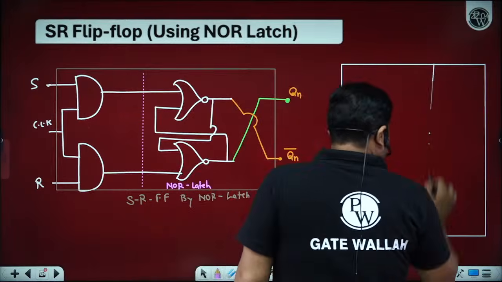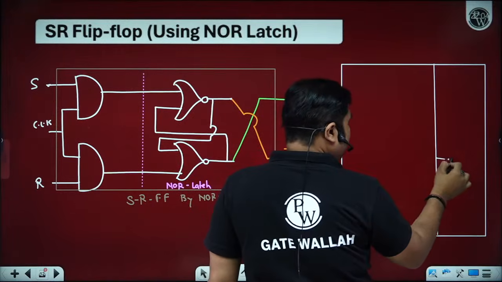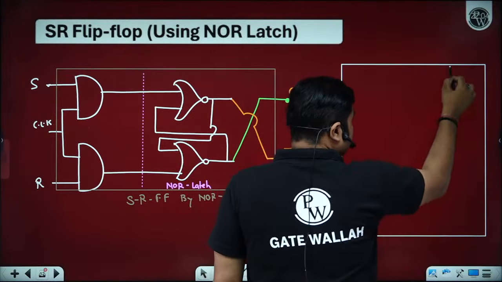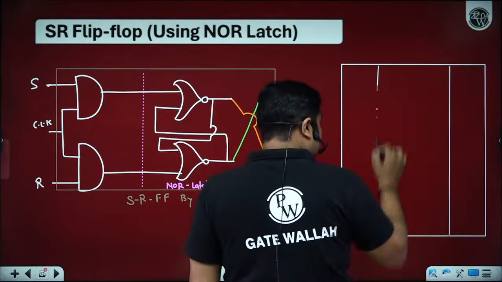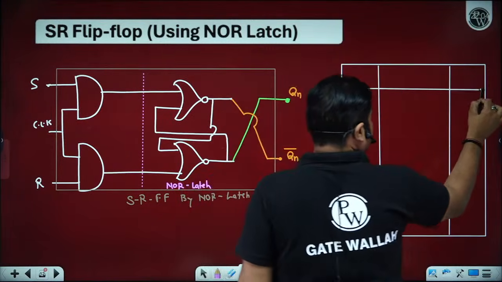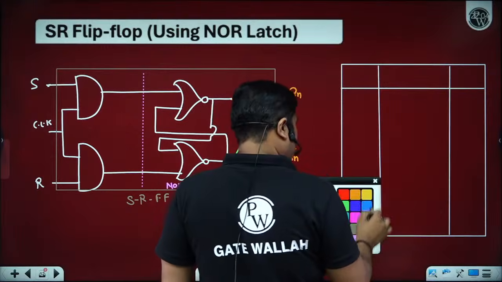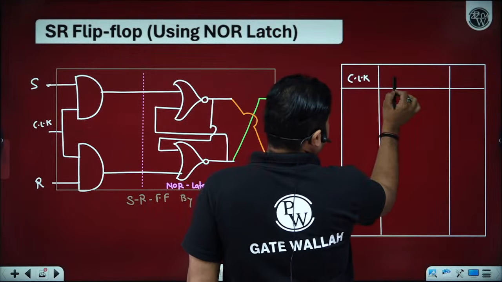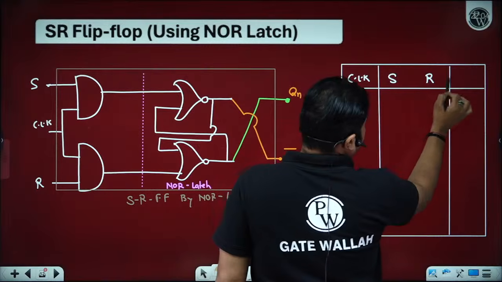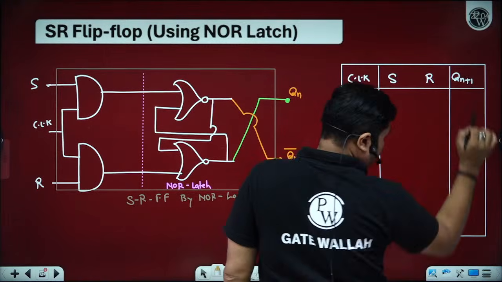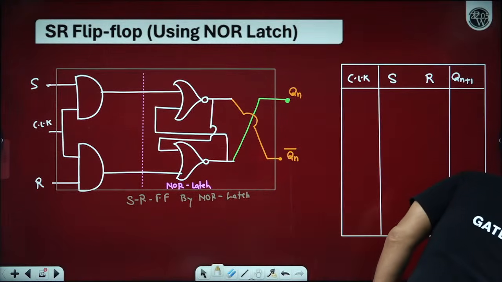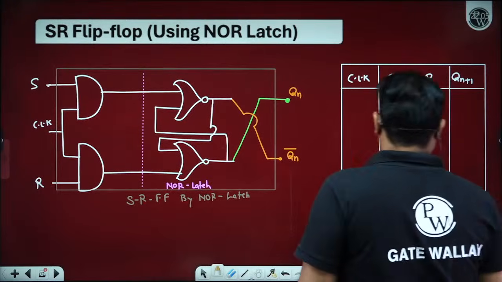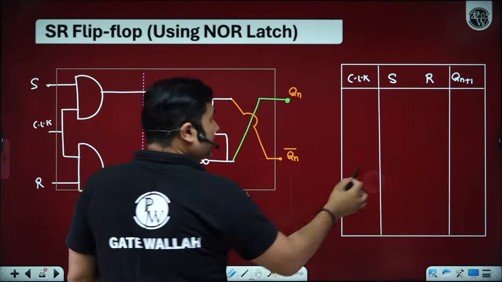So if we have an SR flip-flop, we can represent clock, S, R, and the next state Qn plus 1. Is it okay? Great. Now please observe, everyone.